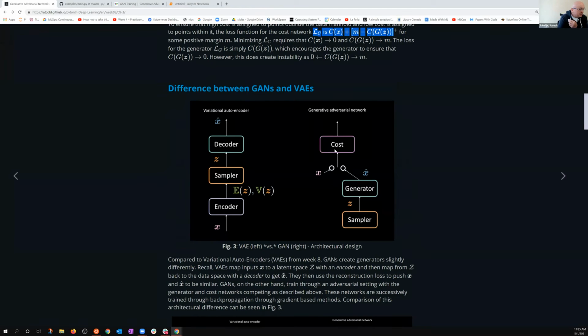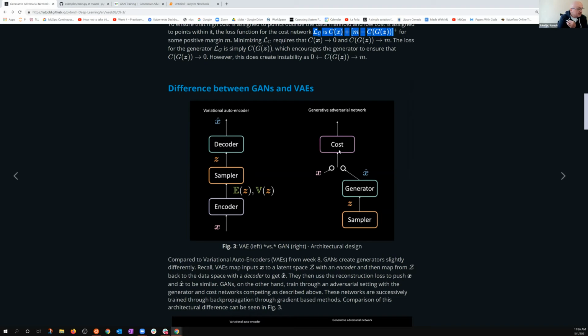The discriminator essentially has a cost function, and the cost function is supposed to be low when it's an X input, when it's real input. But when it's X hat, fake data generated by the generator, then the cost is supposed to be very high. So the purpose of the cost function is to provide a huge number if it's fake data, or zero if it's real data.